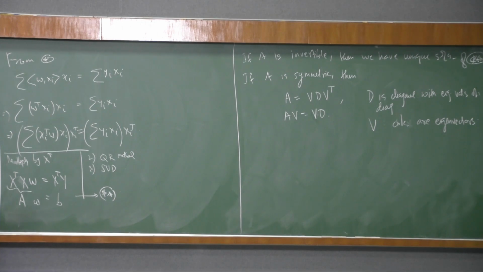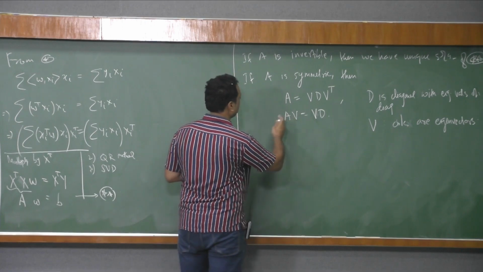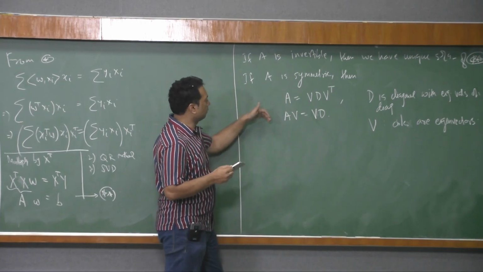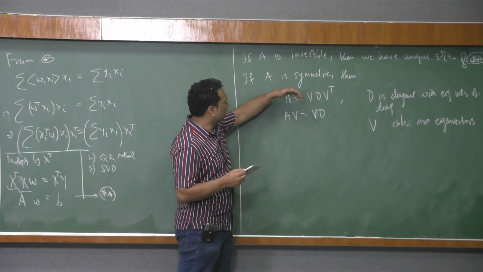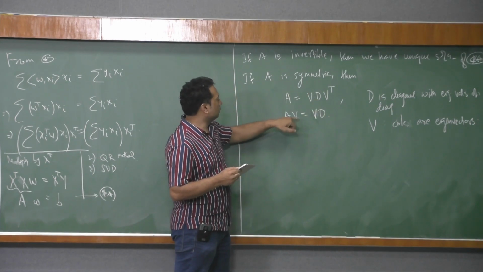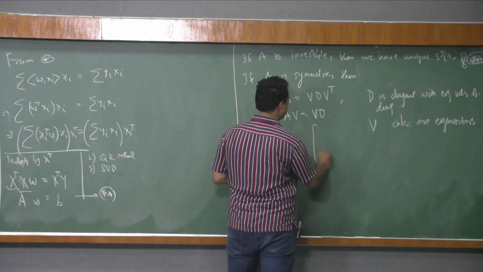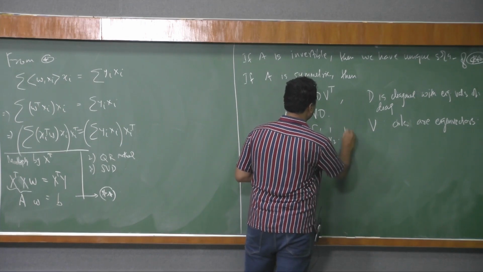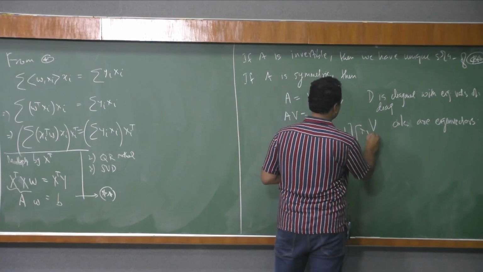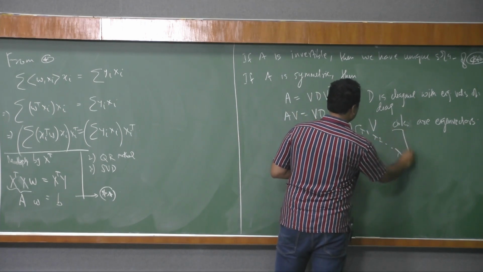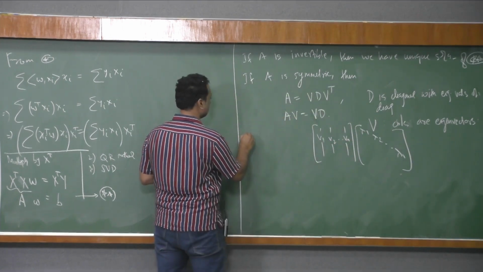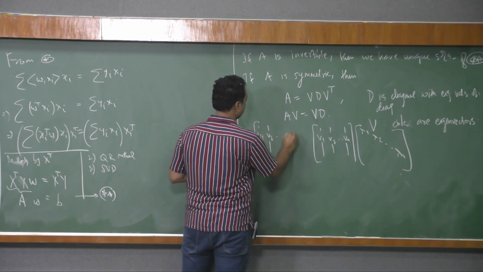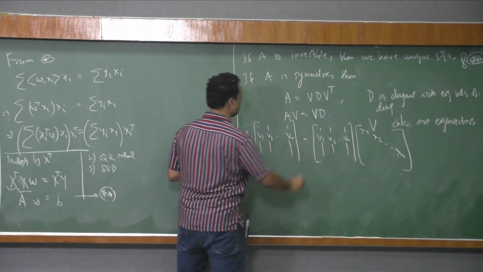If you want to see a column by column picture of this matrix multiplication, V is V1, V2, ..., Vn, and D is the diagonal matrix lambda 1, lambda 2, ..., lambda n, and here it's A, and then V1, V2, ..., Vn. So this is what we have.